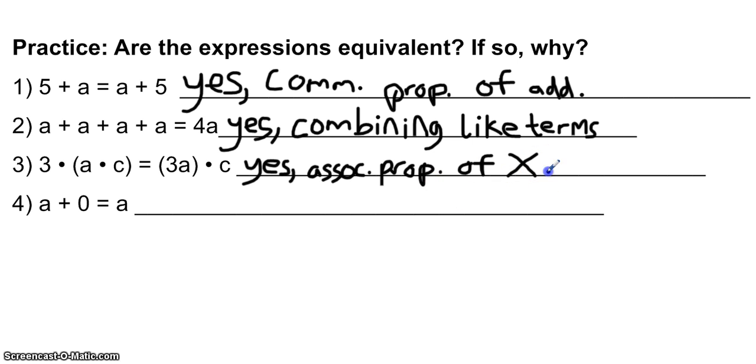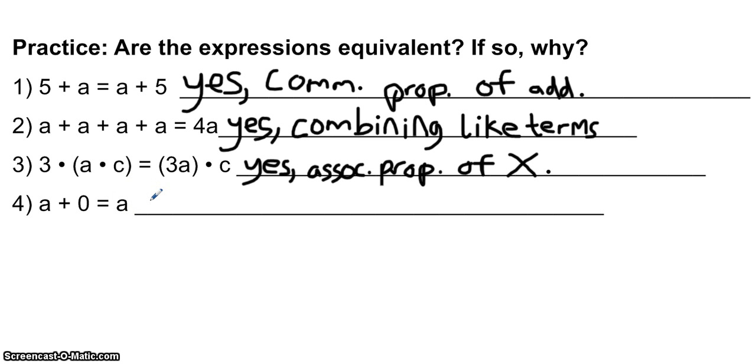Okay. And finally, number 4, we have A plus 0 is equal to A, or is equivalent to A. And of course, that is equivalent because of the identity property of addition.